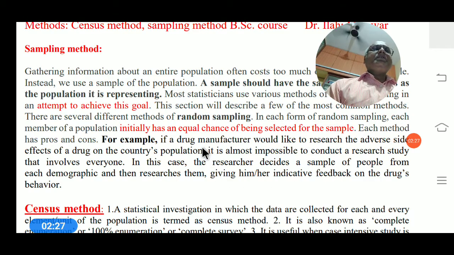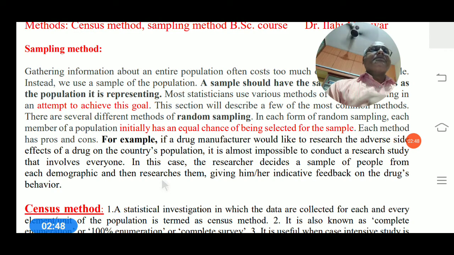For example, if a drug manufacturer company would like to research the adverse side effects of a drug on the people in the country's population, it is almost impossible to conduct a research study that involves every patient.